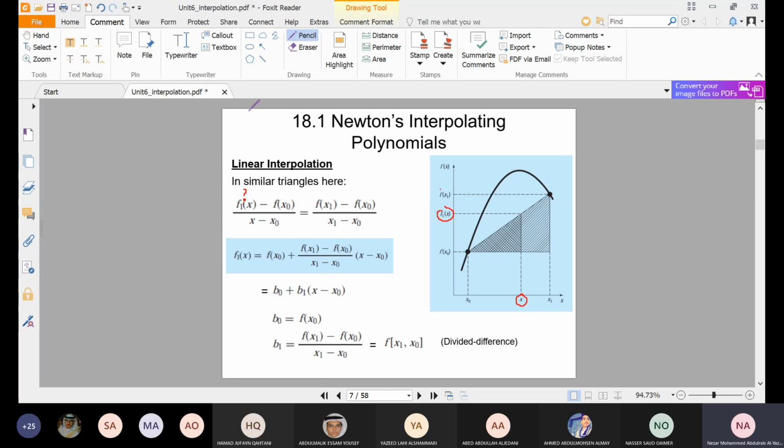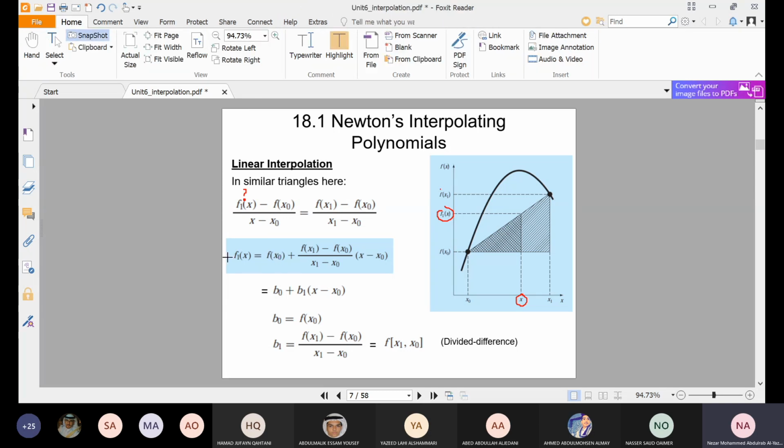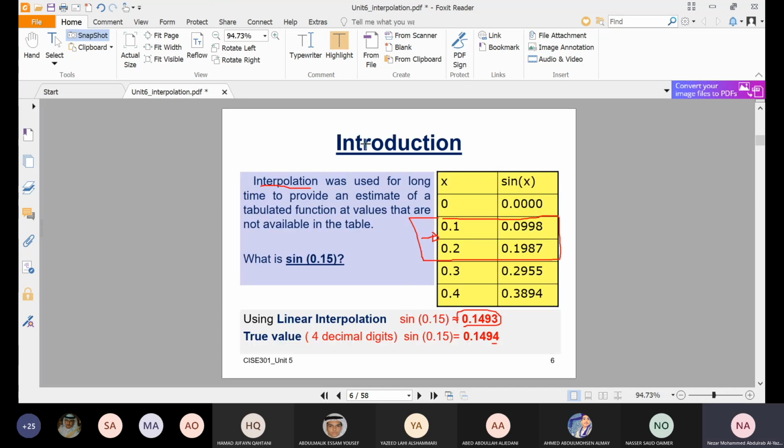Usually f of 0 is given in the table. If I return back here and look for what we need, these are the points that I need. I have here x0.